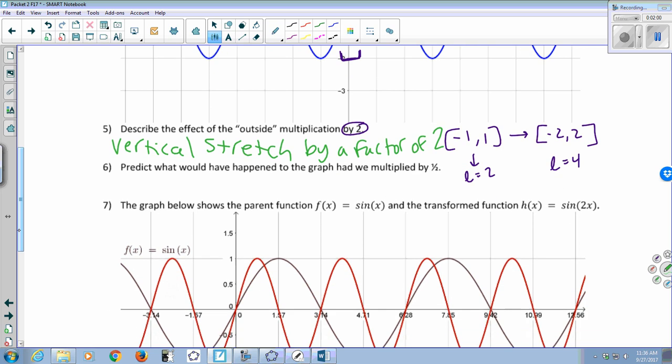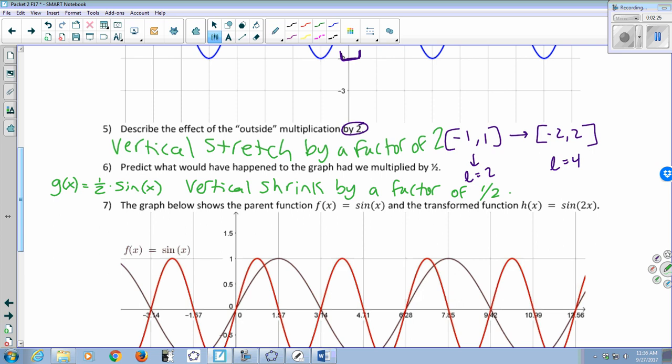If my new function was g of x equals 1/2 times the sine of x, I predict that this would have been a vertical shrink. Everything would have shrunk, multiplying by a half. So vertical shrink by a factor of 1/2.